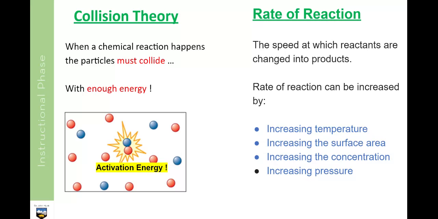Therefore, they move faster, more chances of collisions, and if they have more energy, they collide harder. Again, more chance of a successful collision. Remember, in order for something to react, the collision must be successful. We can increase the surface area to increase our rate of reaction, we can increase the concentration, we can increase the pressure.